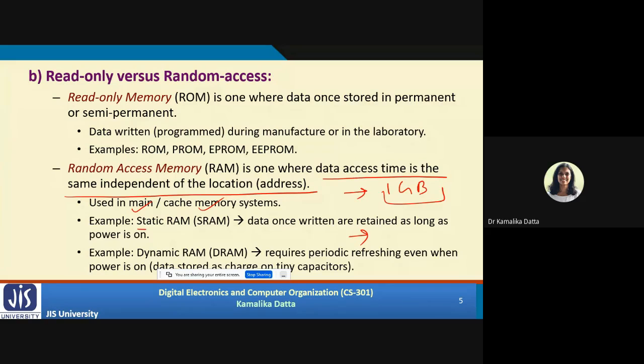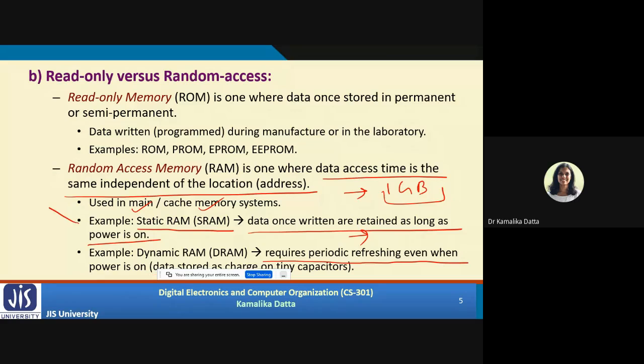Static RAM is one where data, once written, stays as long as the power is on. Dynamic RAM is also like that, but it requires an extra thing: periodic refreshing while the power is on. Why is that required?